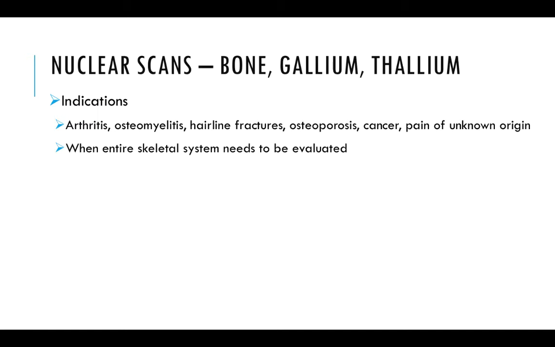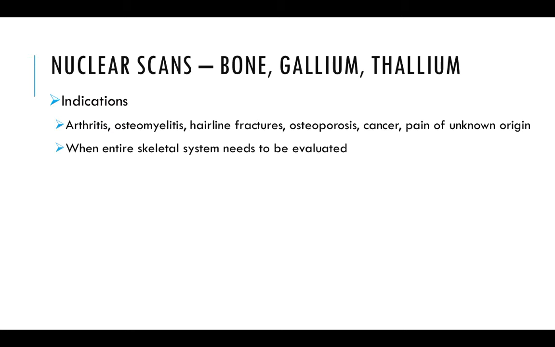Because the radioactive isotopes in the gallium and thallium scans are taken up by areas of inflammation within the bone. So even with a hairline fracture, there's going to be increased inflammation in that area, and nuclear bone scans are very sensitive. They can see very small inflammatory changes. So that's why it's good for hairline fractures or stress fractures.